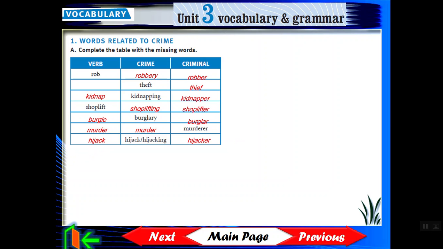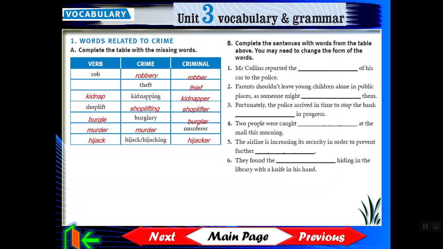Let's go to the next exercise, and you are going to complete the sentences with words from the table above. You may need to change the form of the words. Look, number 1, and you're gonna look for clues.